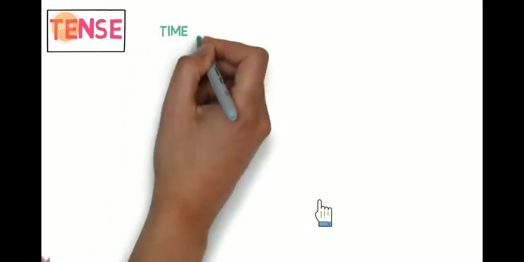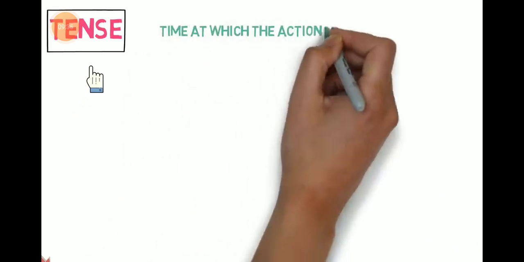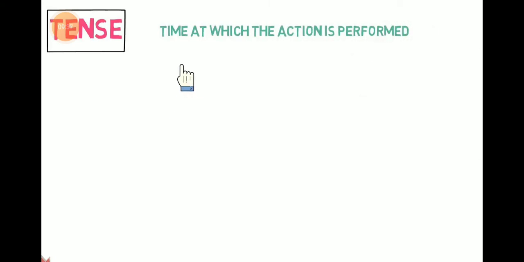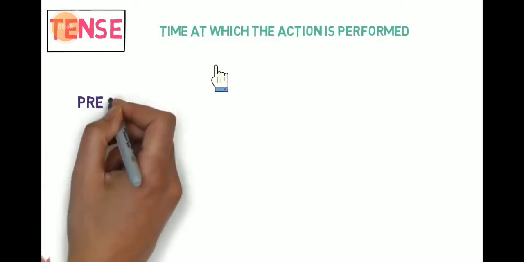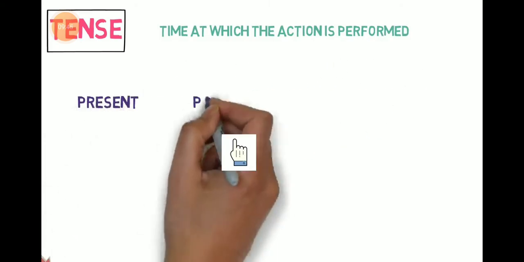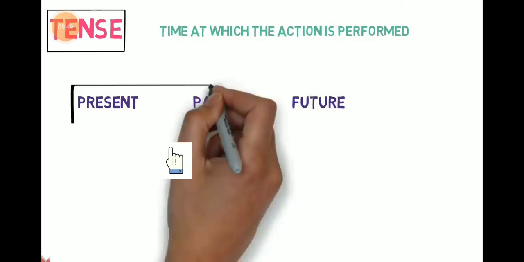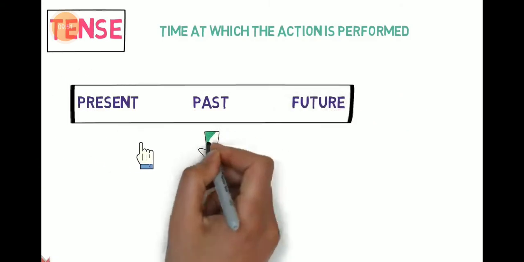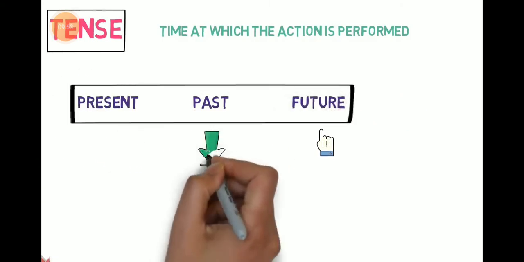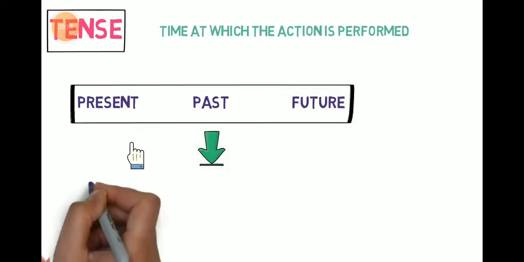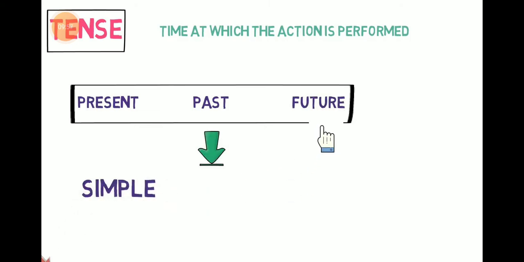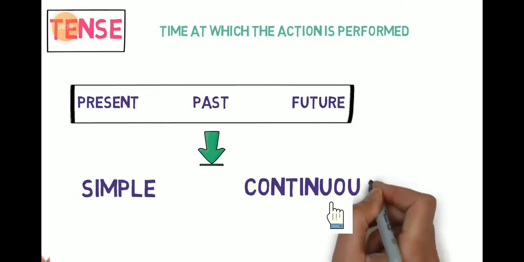Understood? So here we have tense. In tense, the time at which the action is performed is called tense. What is it? The time at which the action is performed is called tense. The tense is further divided into three parts, which are present, past, and future. Again I am repeating: present, past and future.